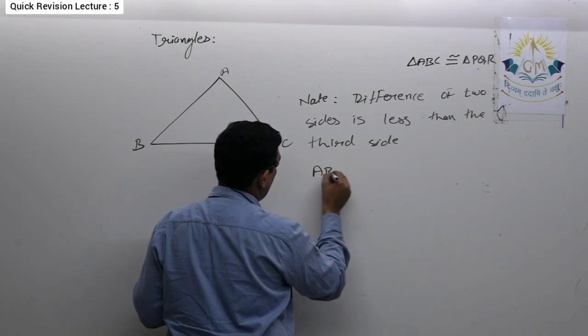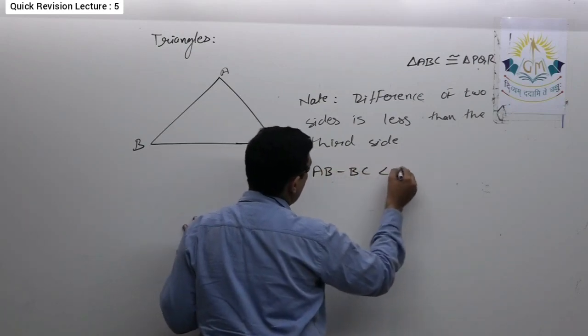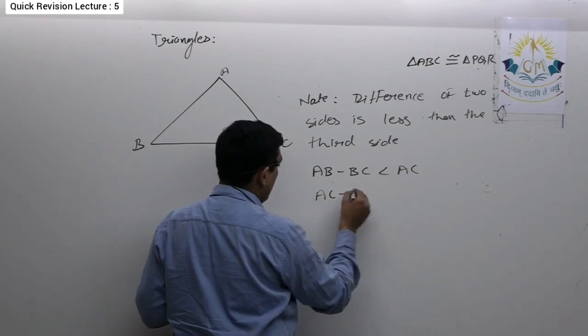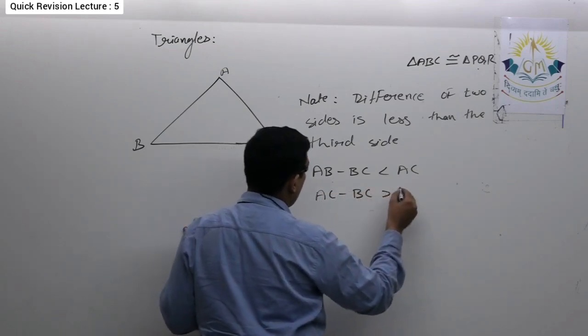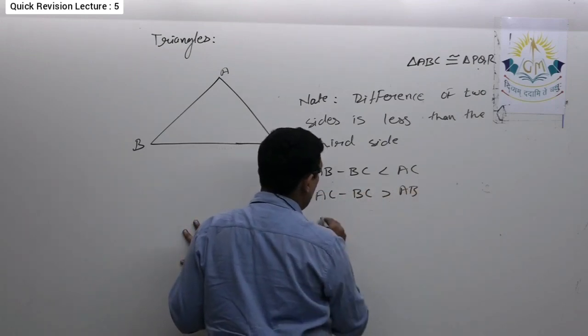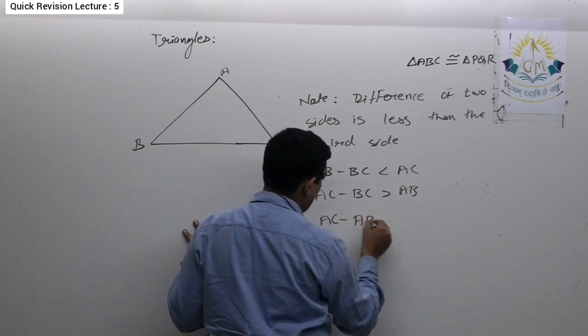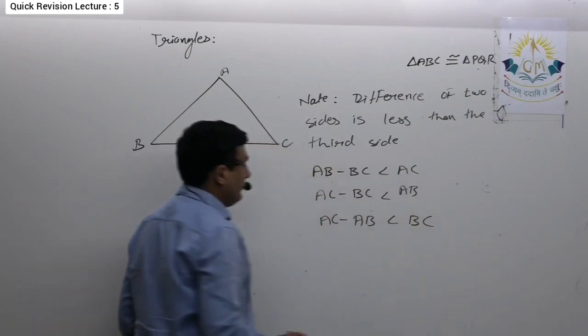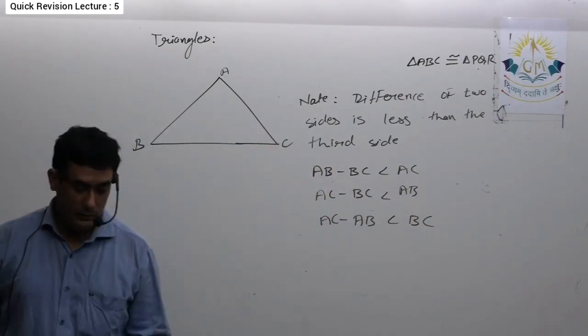That means I can say AB minus BC is less than AC, AC minus BC is less than AB, and AC minus AB is less than BC. These three results we can write.